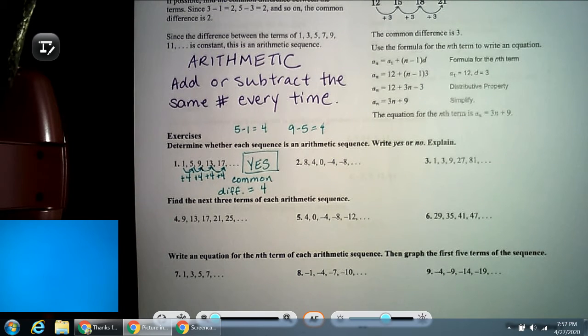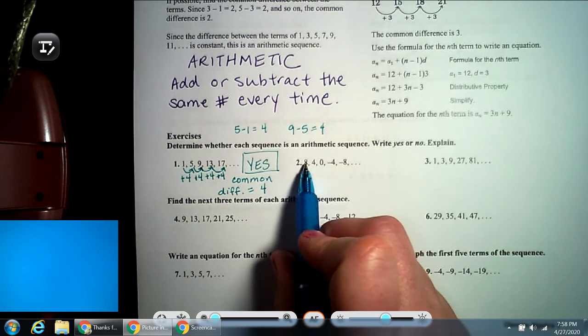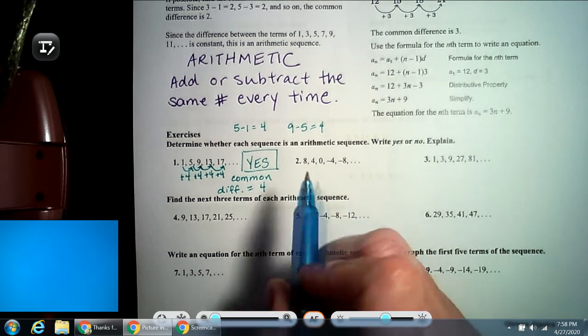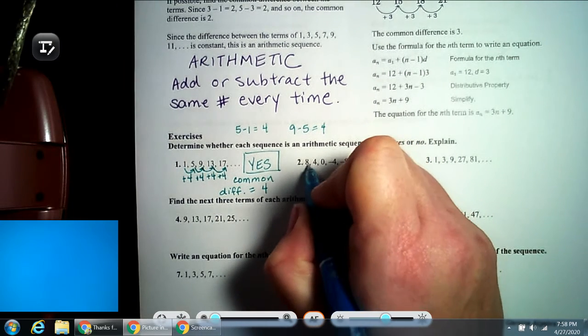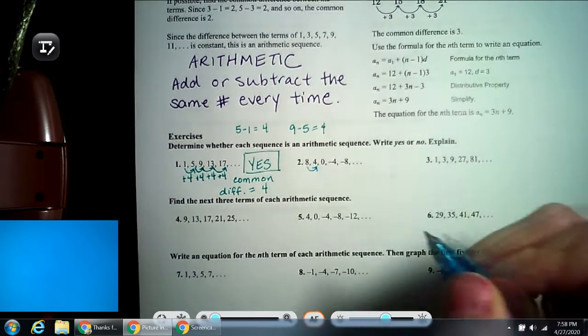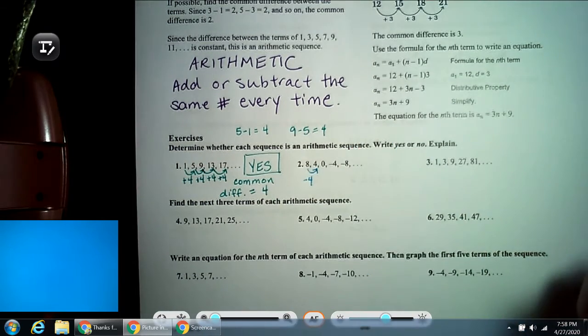So let's look at number 2. Determine if this is an arithmetic sequence. I want to figure out now, what do I have to do to get from 8 to 4? Well, I can see that I'm getting smaller as I go, right? So I want to know, what do I have to subtract? If I start with 8, I can subtract 4 to get 4.